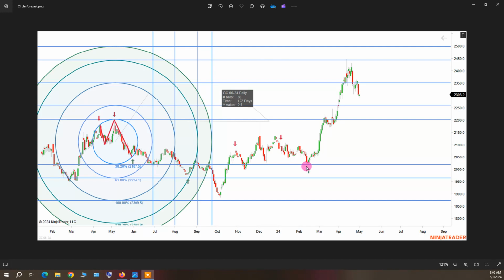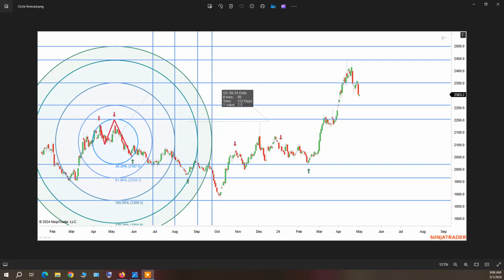So that one particular tool here, using those 3 points of origin, gives me 8 points in time and 8 points in horizontal price support or resistance going forward.